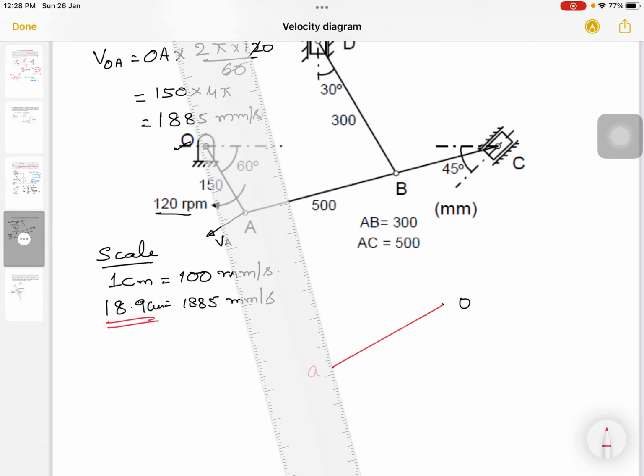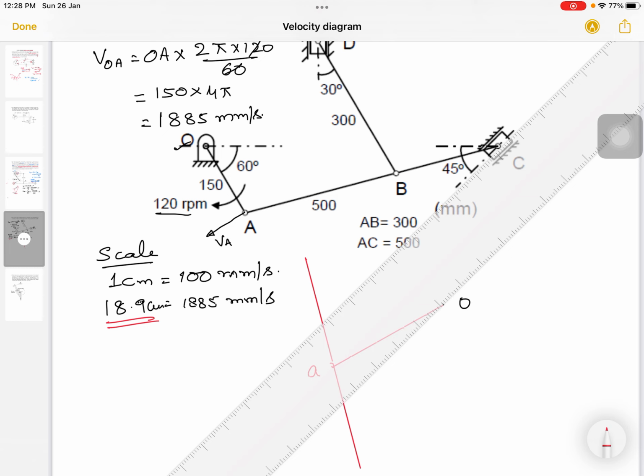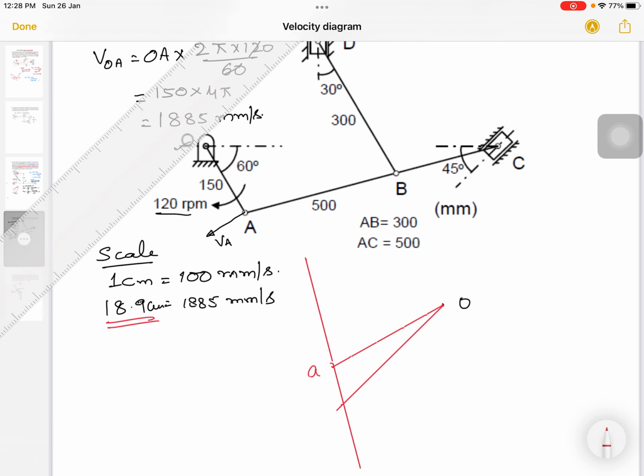Draw a line from point A. Now if you see here, the slider is moving along a 45-degree line. You can take the fixed point and draw that 45-degree line. This will intersect at this position.